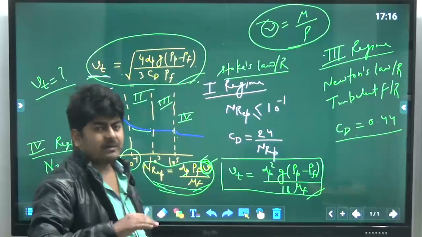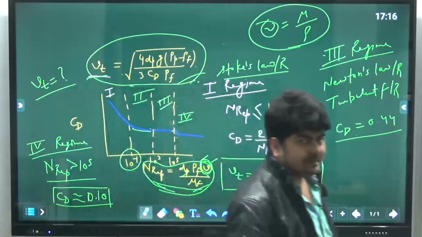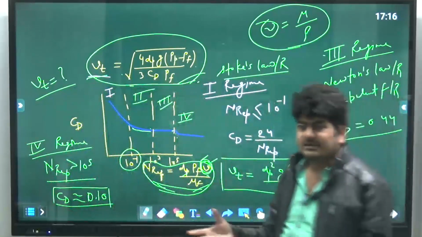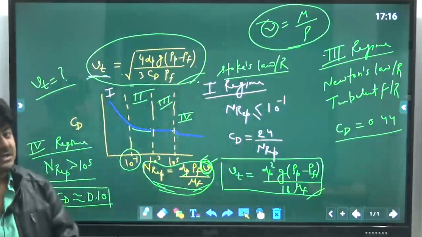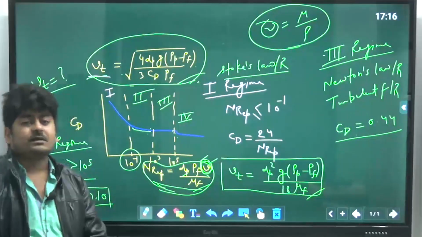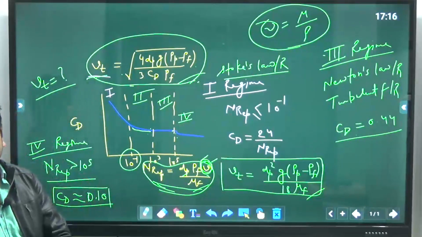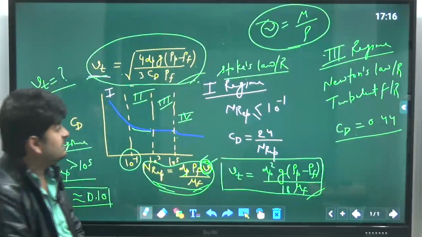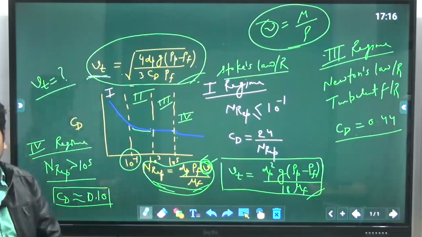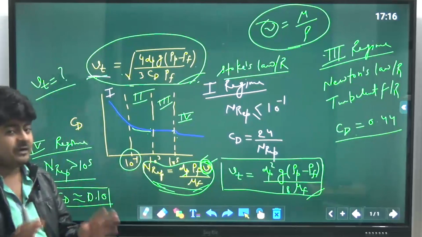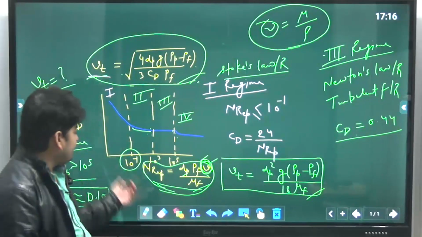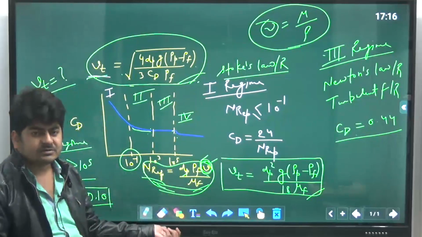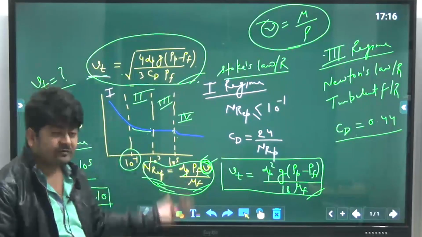I am not going into the design part of the sedimentation equipment, the thickener, settler and all that stuff, or the clarifiers. I am just telling you, in that case, in most of the cases, you have to use the Stokes-law regime, because they are asking to calculate the velocity, and without velocity you can't calculate the particle Reynolds number and decide which regime to use.